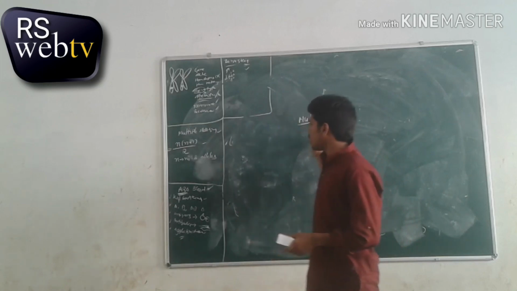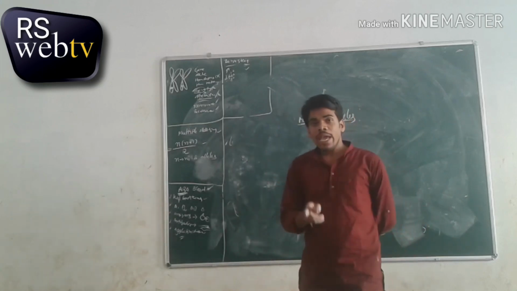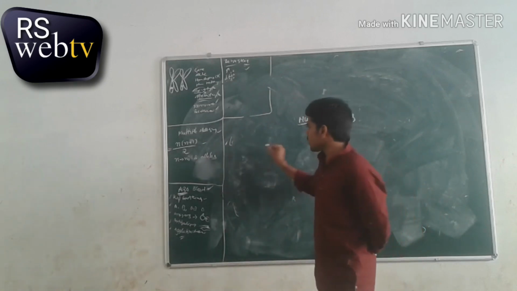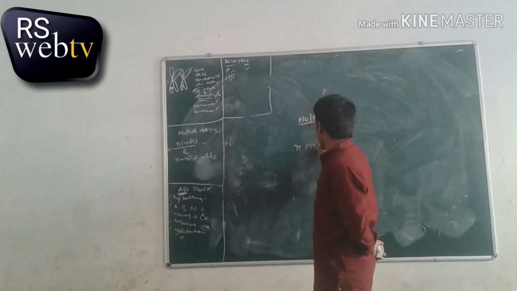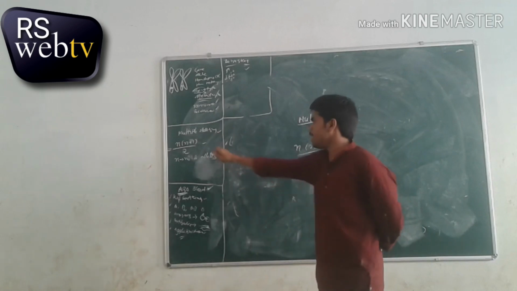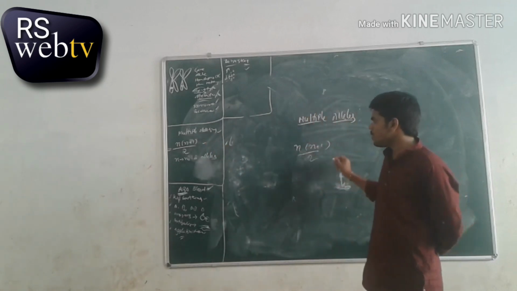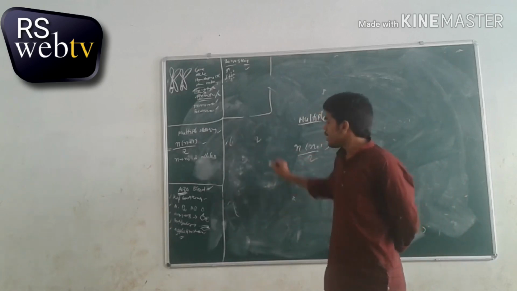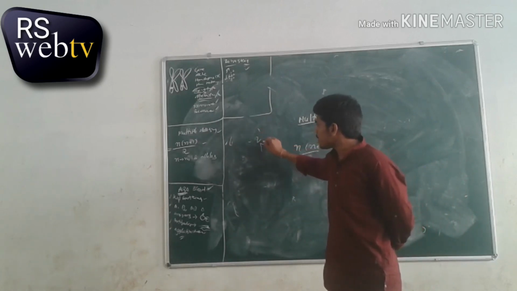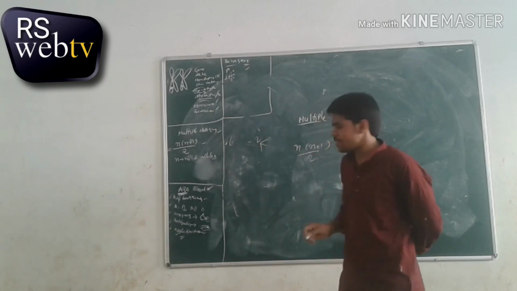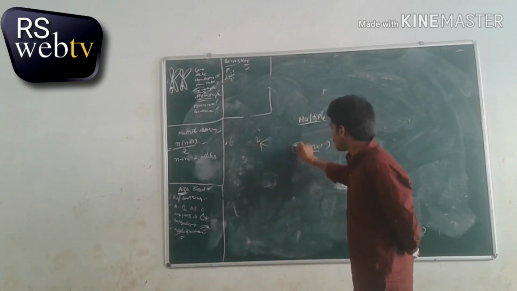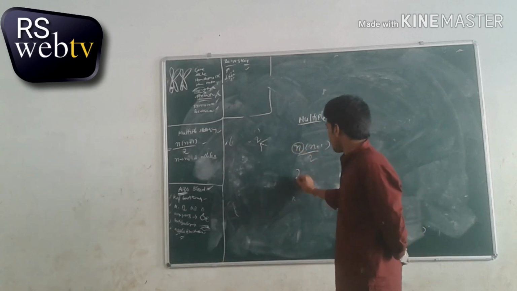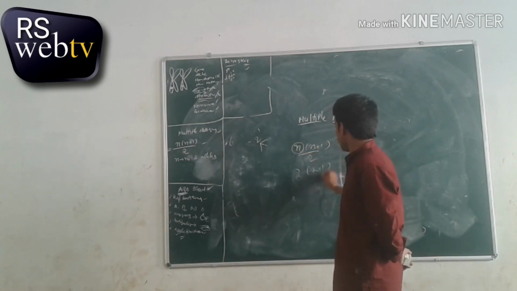Now, come to the topic of multiple allelism. We can calculate the number of genotypes from the alleles by the equation n into n plus 1 by 2, where n is the number of alleles. If there are 2 alleles, how many genotypes can they produce? 2 into 2 plus 1 by 2.